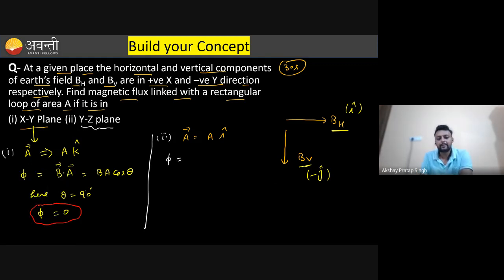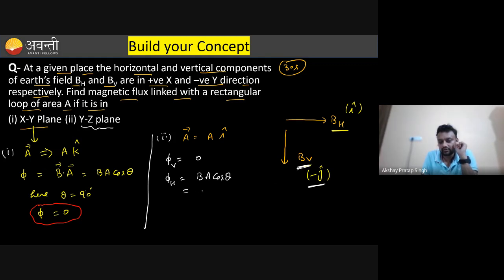Now again, if I calculate the magnetic flux, for the vertical component, theta is going to be 90 degrees. Am I right? So phi for the vertical component is 0, but phi for the horizontal component is going to be BA cos theta.